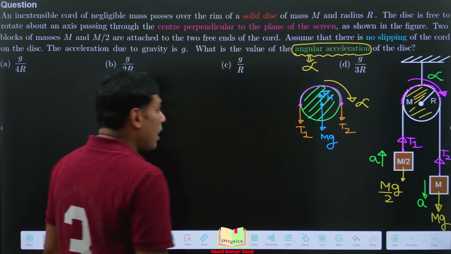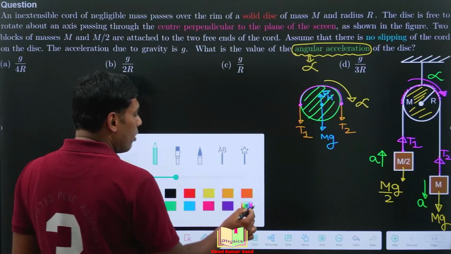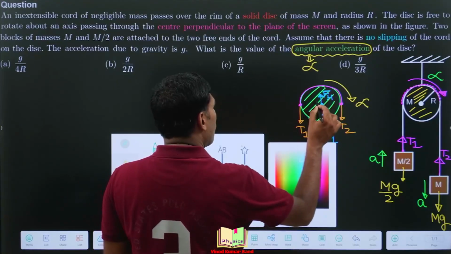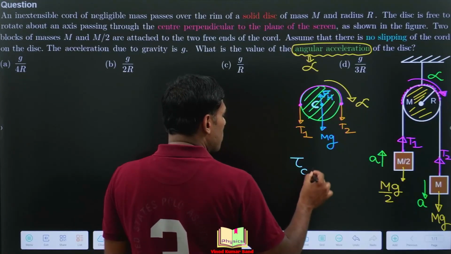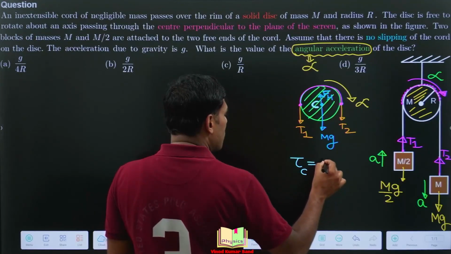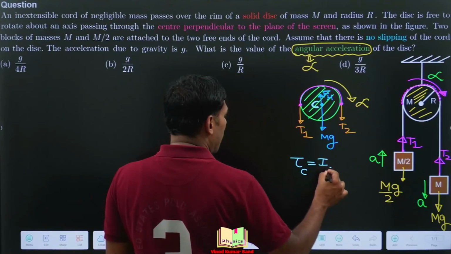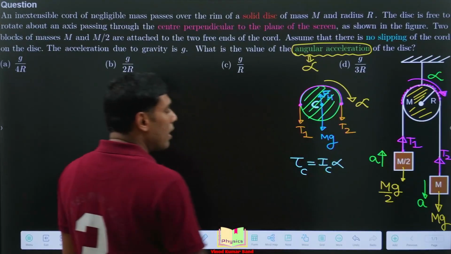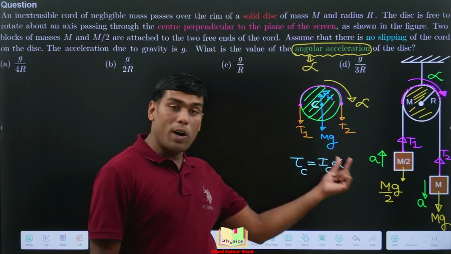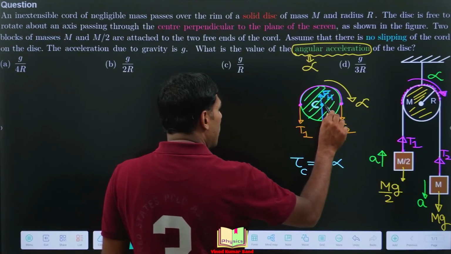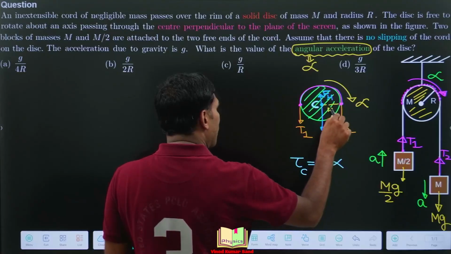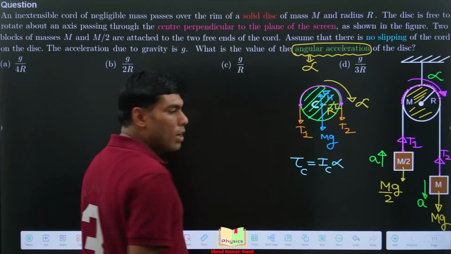Done. Now about the center of the disk we are going to write the torque. Torque about the center of the disk is equal to the moment of inertia about the center of the disk times alpha. Torque is equal to I alpha, you remember. While writing the torque, we consider this distance as r, which is the perpendicular distance to T2.